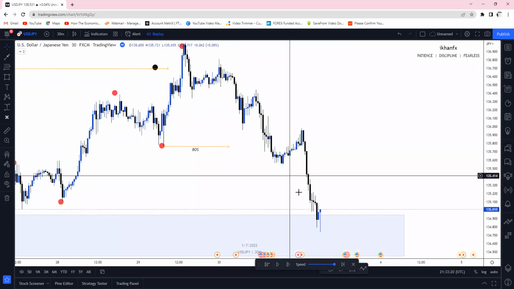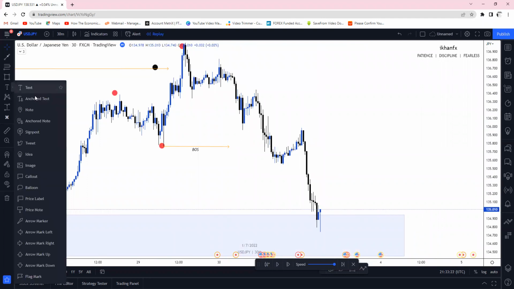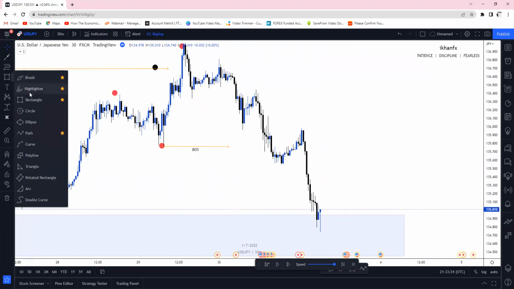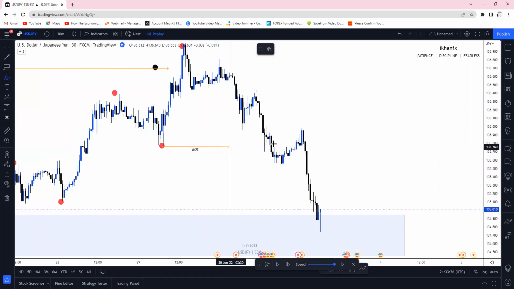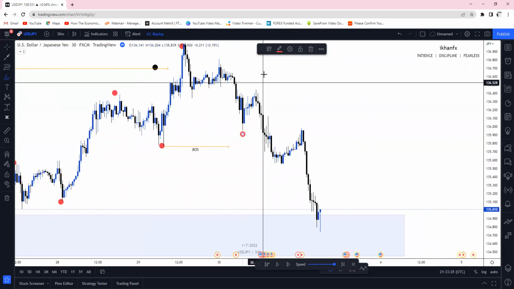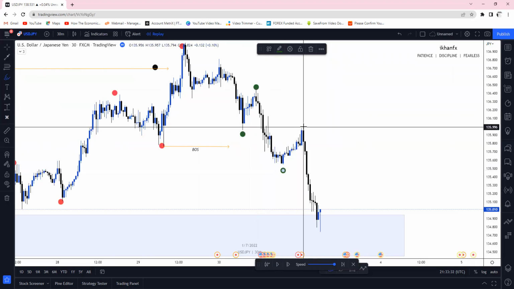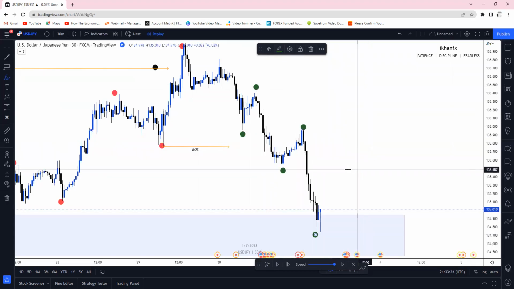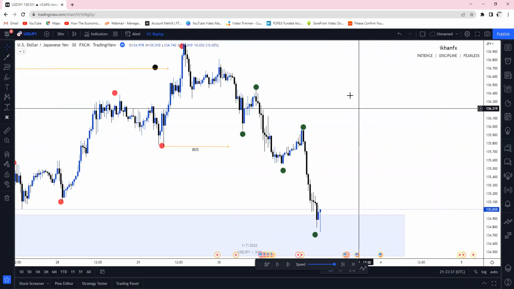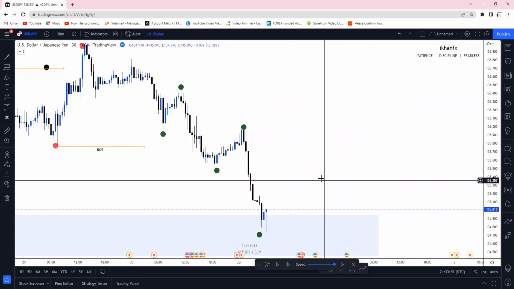Okay, wakati price inashuka kuna sell, how many pushes imetembea? Tuna this swing, change the color, tuna this one, alafu tuna hii hapa. Na 1 and 2.